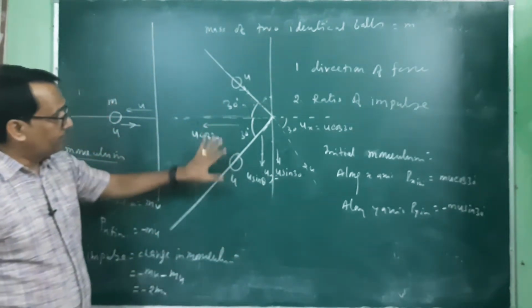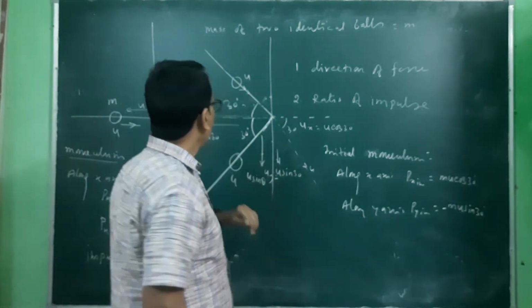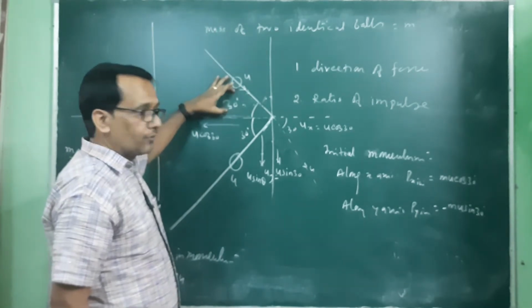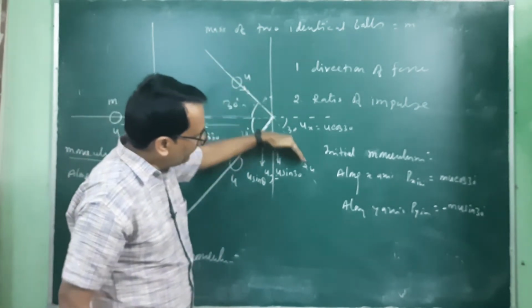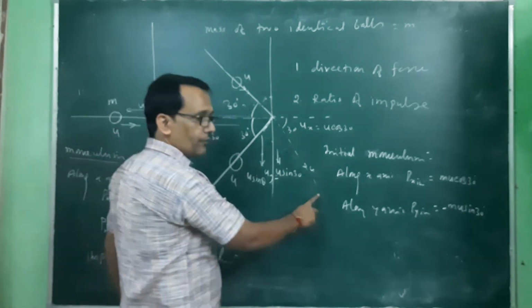Let's overview this diagram again. This is the initial velocity u, and this angle is 30. For simplicity, we continue this line inside the plane.